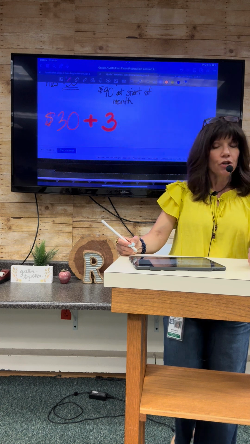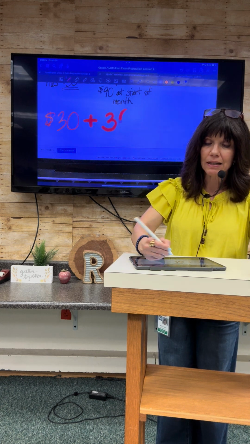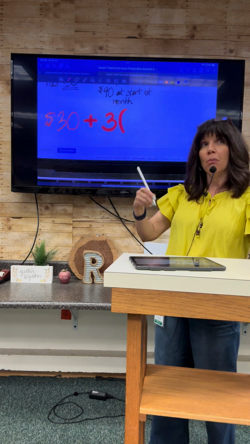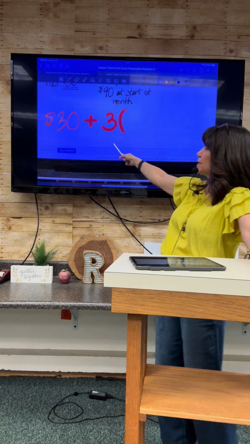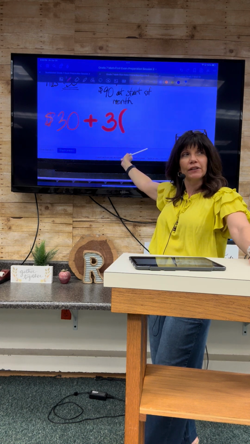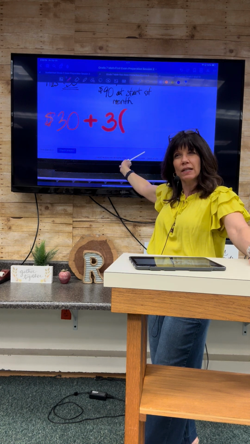Right? So in parentheses, I'm going to represent what is happening each month. Are you guys understanding why I'm saying plus 3 here? And now we're going to write the monthly finances inside the parentheses?